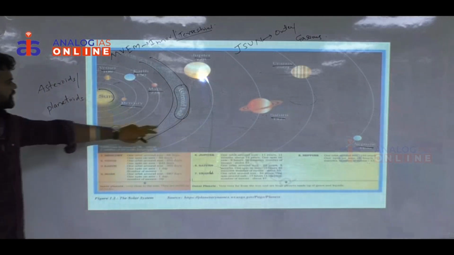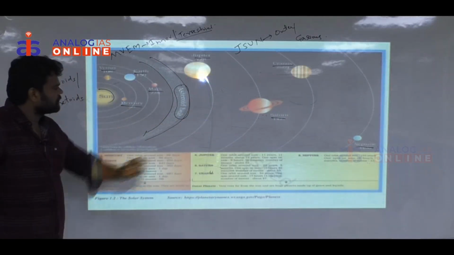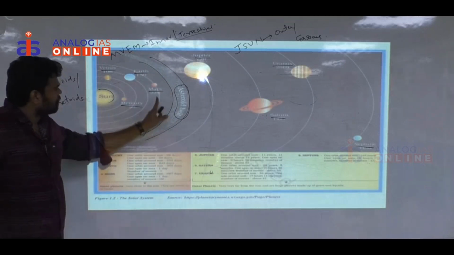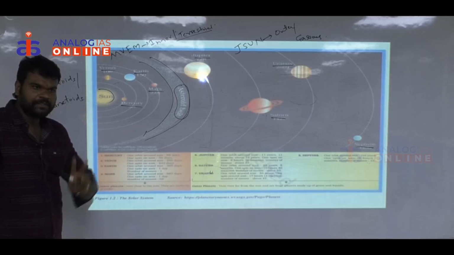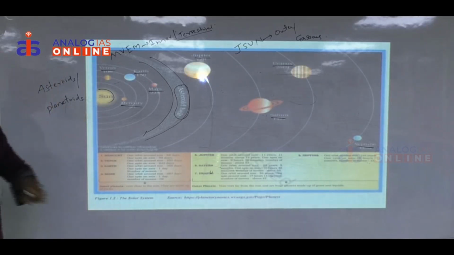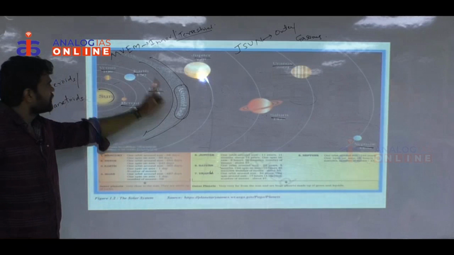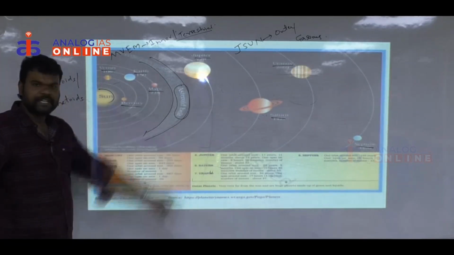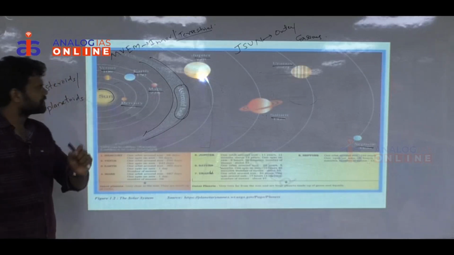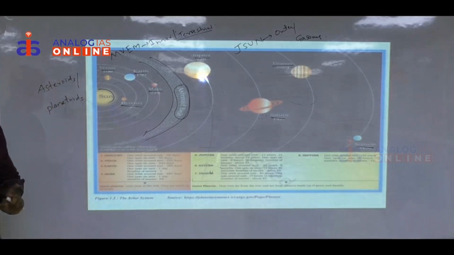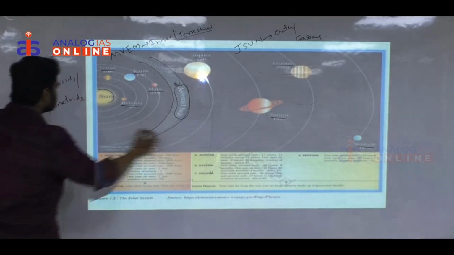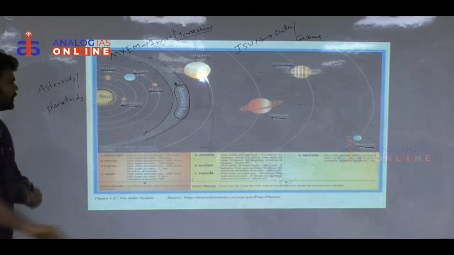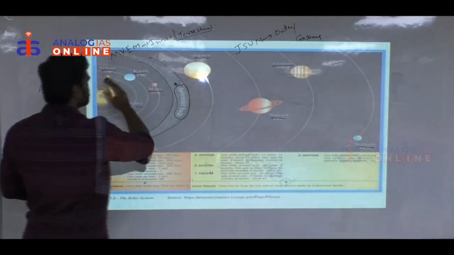Listen to the statement very carefully. Asteroid belt separates inner planets from outer planets in general, Mars from Jupiter in particular. Do you agree with that? I repeat, asteroid belt separates inner planets from outer planets in general, Mars from Jupiter in particular. Perfect statement, as it is the previous question. Very, very important. And the asteroid belt is comprised of asteroids, also called planetoids. Clear? Now, remember the position away from the sun, very, very important.